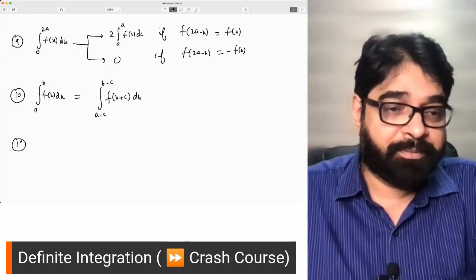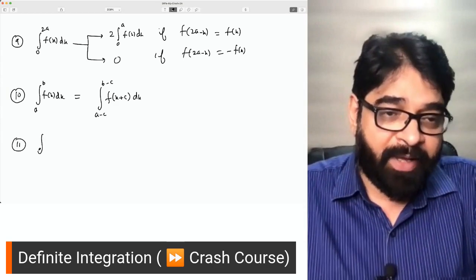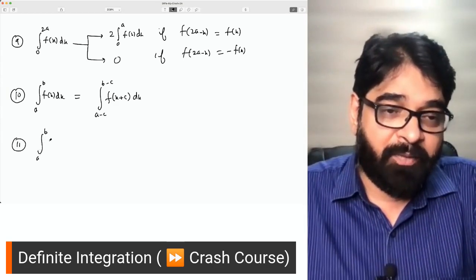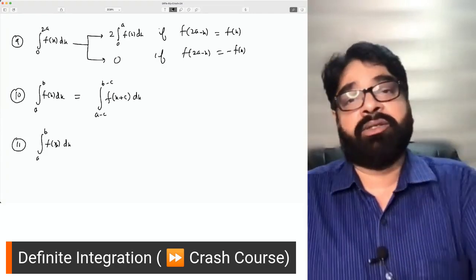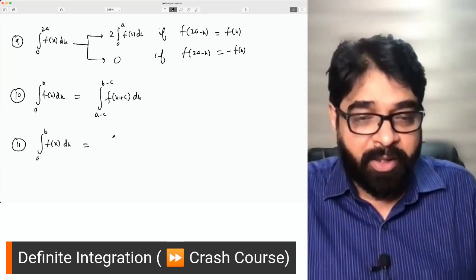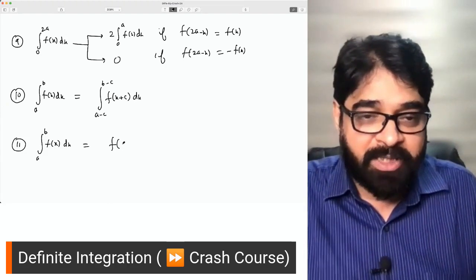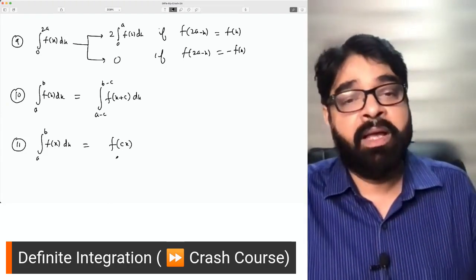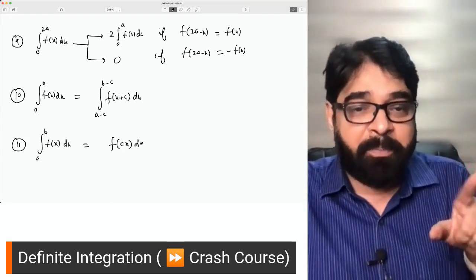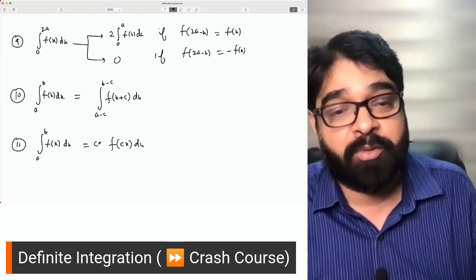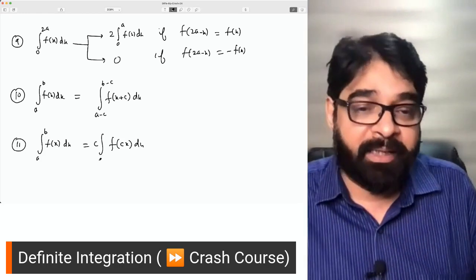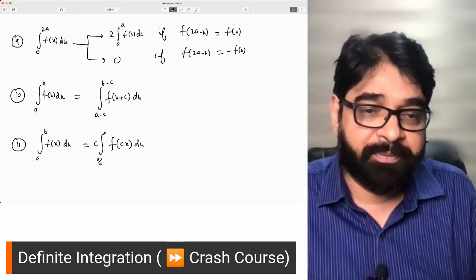The next, again a very important property. Sometimes we need to multiply something in the x. You can multiply some c in the x. But if you are multiplying anything in the x, outside also you have to multiply, but in the limit you have to divide.